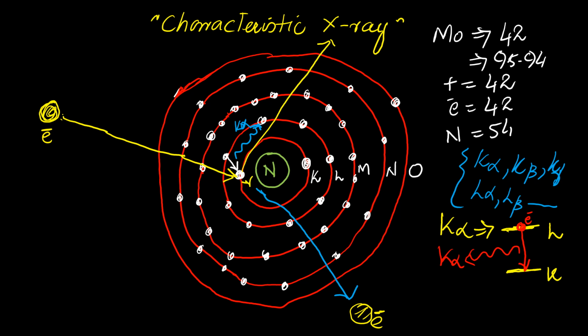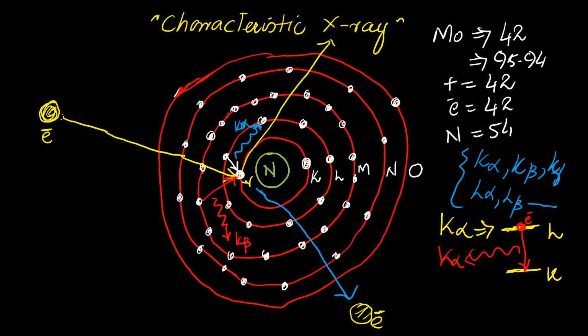Now, an interesting question is: if an electron from the M shell jumps into the K shell and fills the vacancy, it will also release X-rays, and these X-rays are known as K beta X-rays.